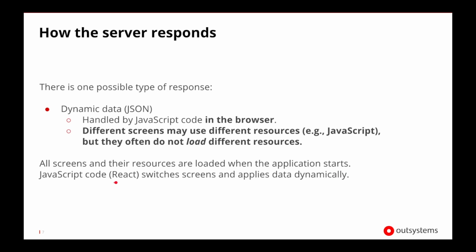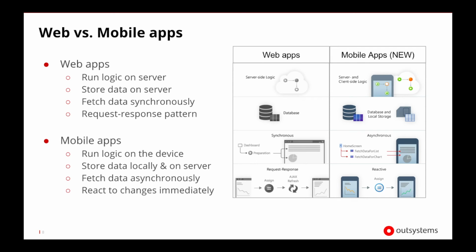And it is JavaScript code, in this case the React framework, that switches screens and applies data dynamically. This means there's a major difference in the way web applications are built and mobile applications are built. And we're going to see in the next two videos demos for those two separate ways of building applications.